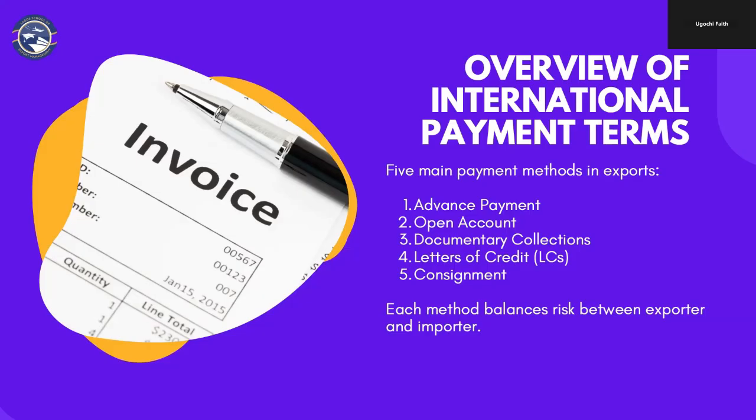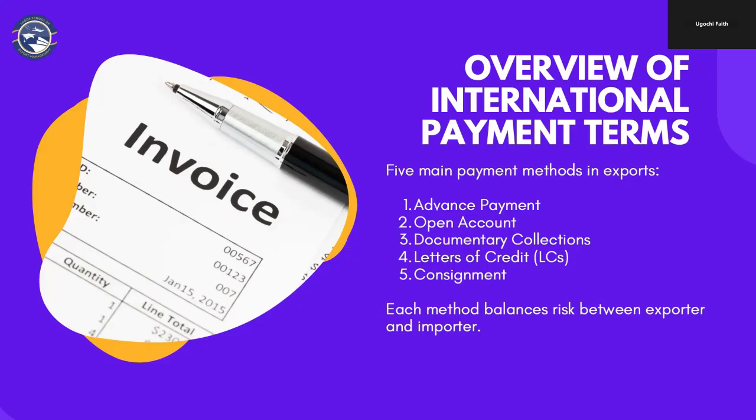So in advance payments, you get the payment before you even get to the market and buy whatever you want to ship. In open account, both parties are just signing a contract that, okay, I'm going to export this to you, and when it gets to you, you are going to pay me.